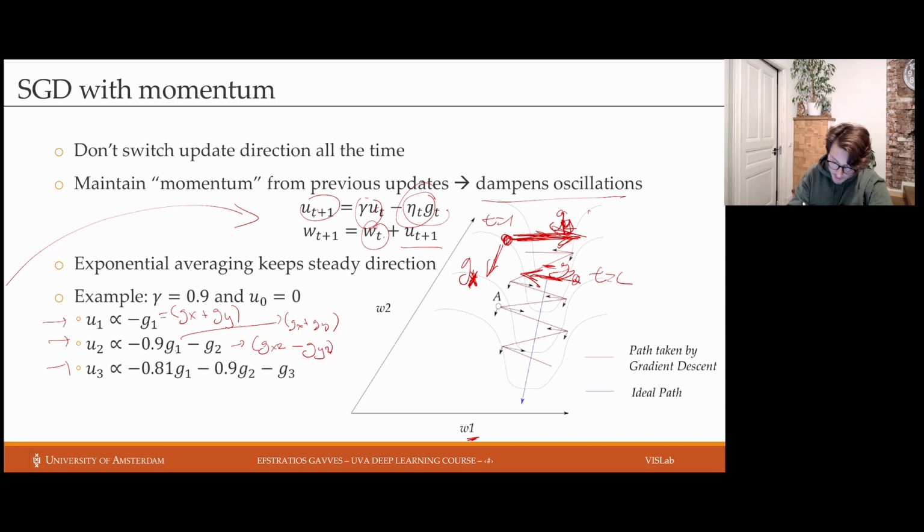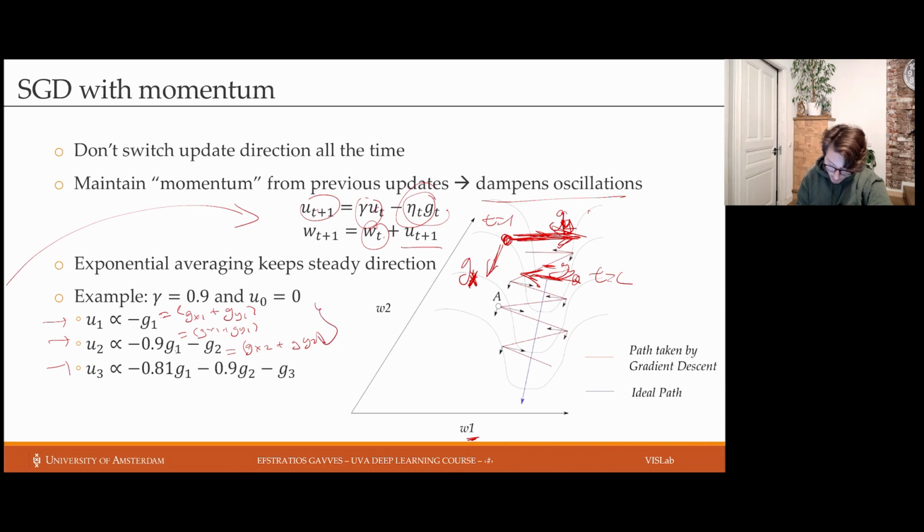Let me write this a bit more clearly. g1 is gx1 plus gy1, and here g2 is gx2 plus gy2.